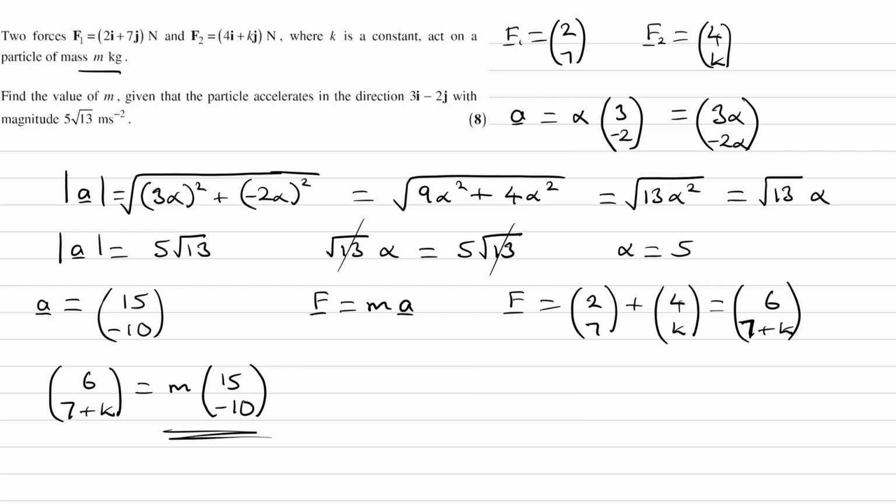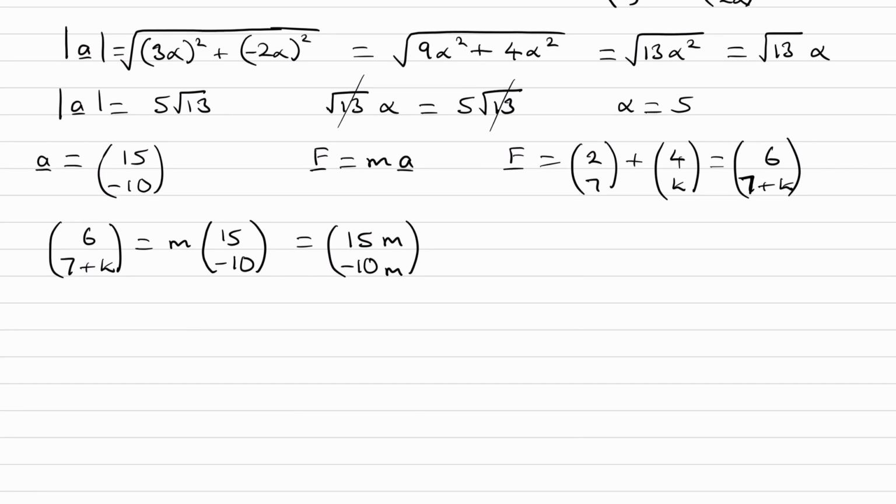And if I combine these two things, I end up with (15m, -10m). Now what we can do is, we're trying to work out what mass is, remember. We can look at the i components for this equation, and then we get that 6 is equal to 15m.